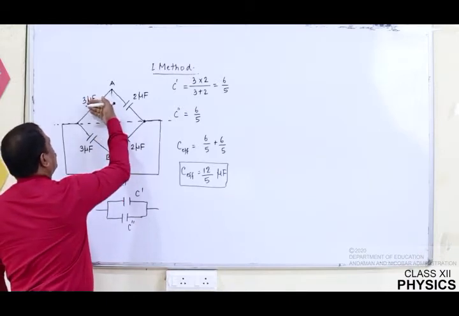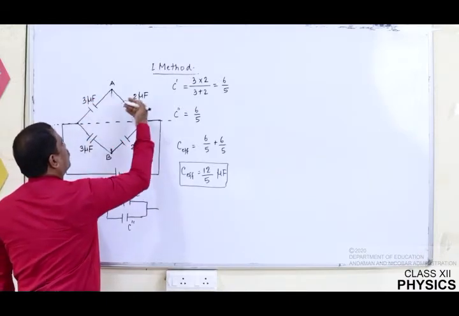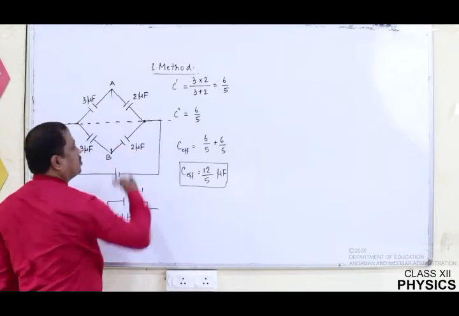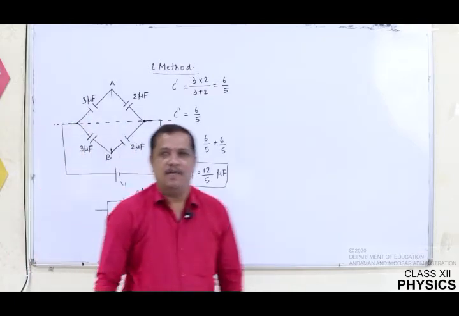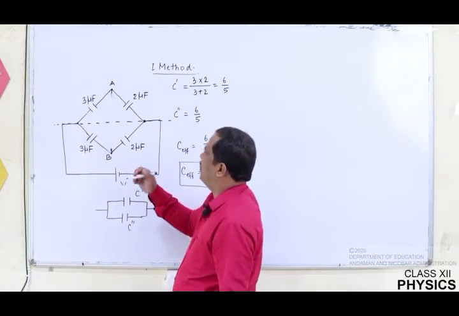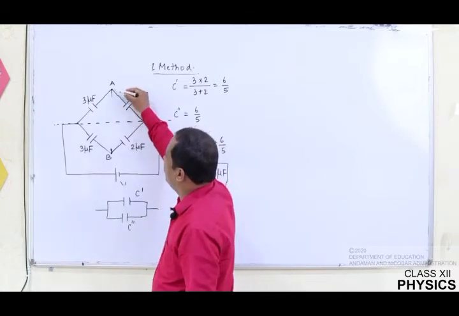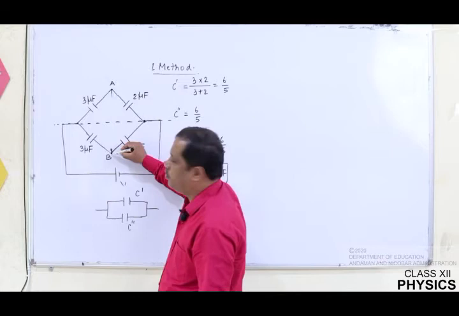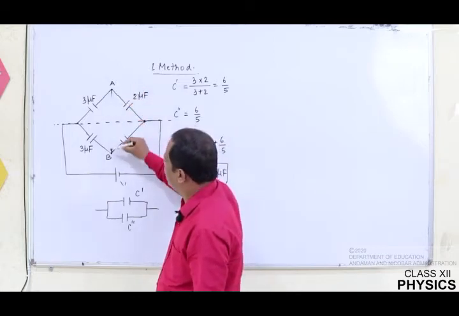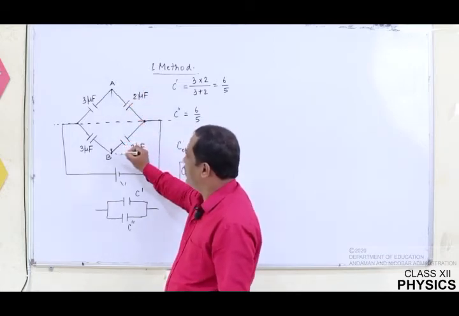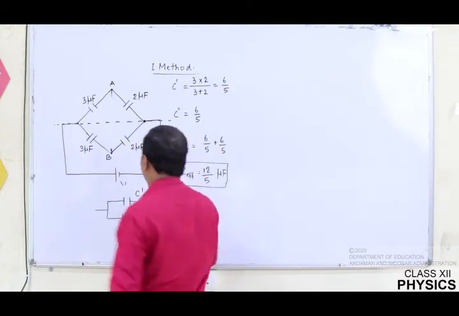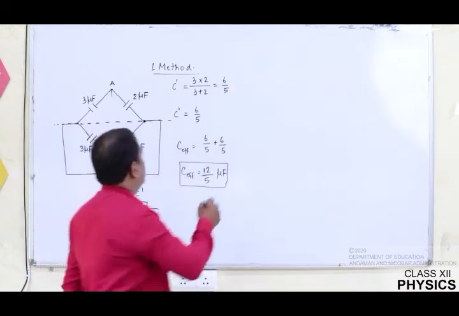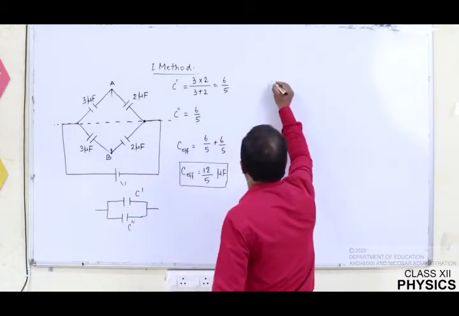See, 3 microfarad superimposes on 3 microfarad, 2 microfarad superimposes on 2 microfarad. Whenever it happens like this, we say this is folding symmetry. In that case, A and B will join together, and therefore these two are at the same potential. In that case, the diagram can be redrawn like this.